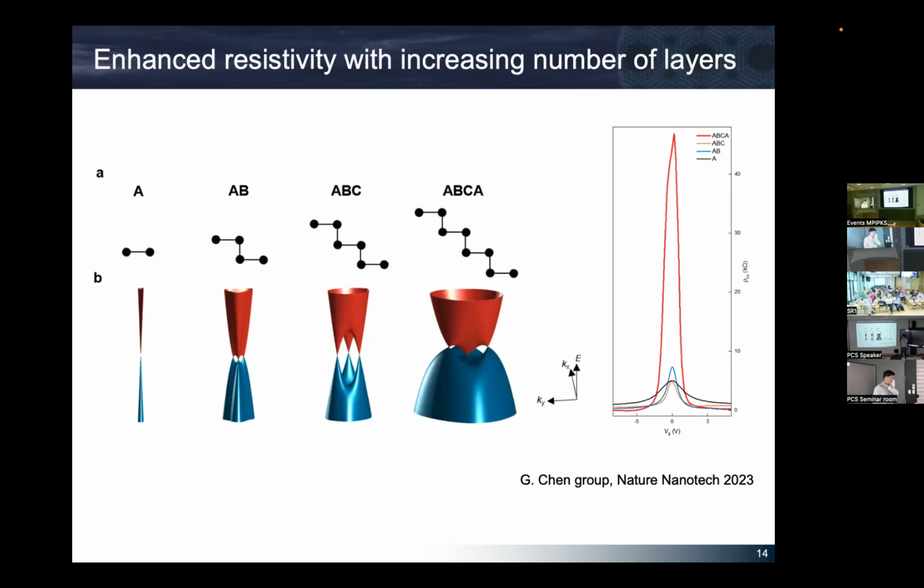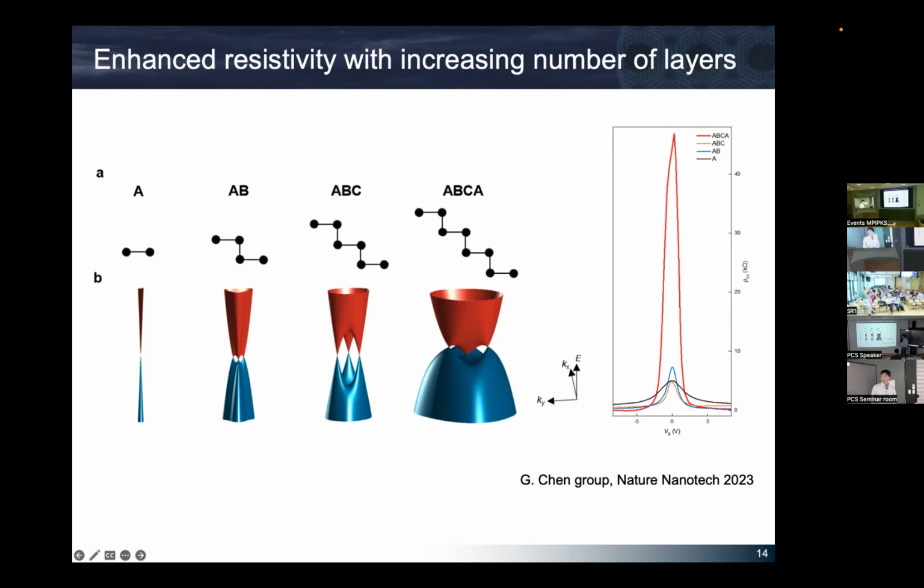So what happens in experiments is that in bilayer graphene, this kind of effect is very small. And even trilayer graphene is kind of shaky in the sense that trilayer graphene encapsulated in HBN doesn't obviously show a band gap, and if it does, it's smaller than 1 millielectron volt.